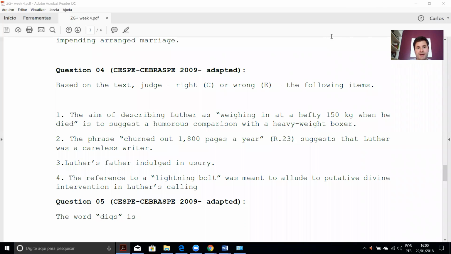All right, so you're going back to question 4, item 1. Yes, the idea here is using the expression weighing in at a hefty 150 kilograms does allude to one of those weigh-ins. The key expression here is weigh-in at boxing matches, right before or a week before, I don't know how long before, a boxing match.